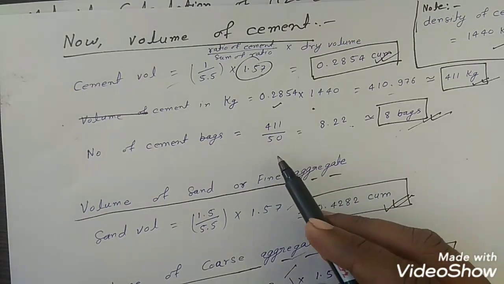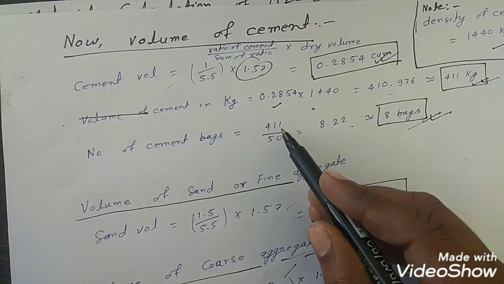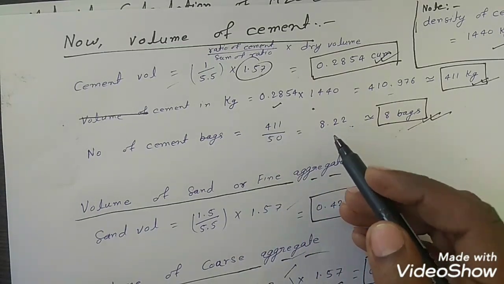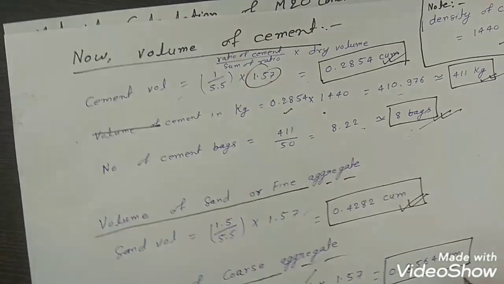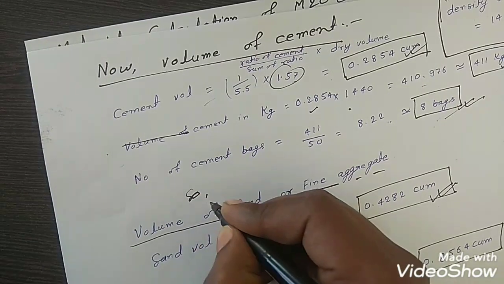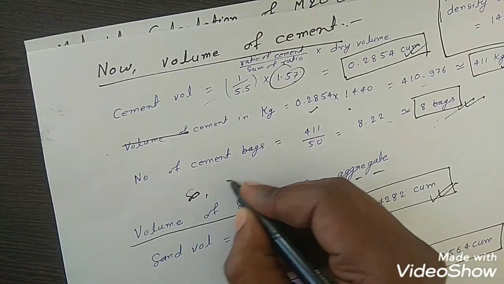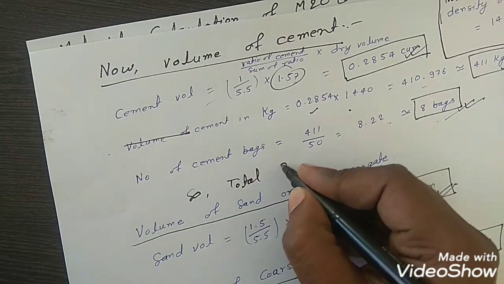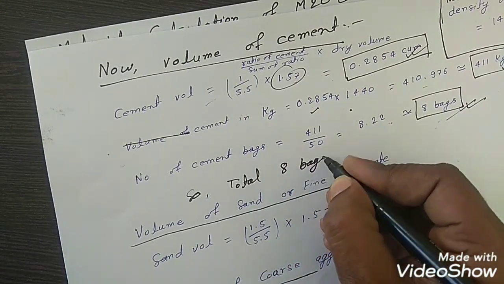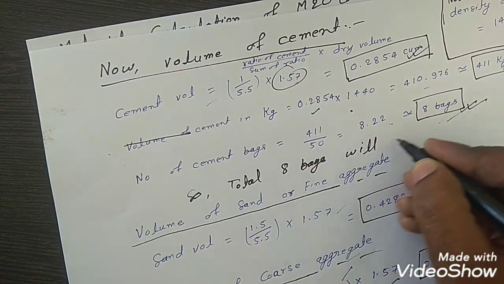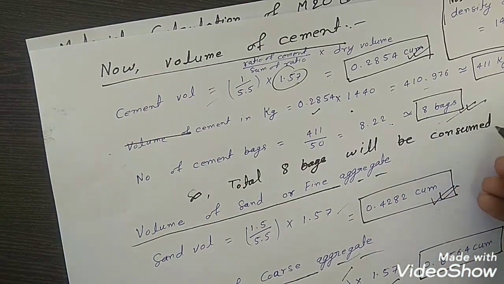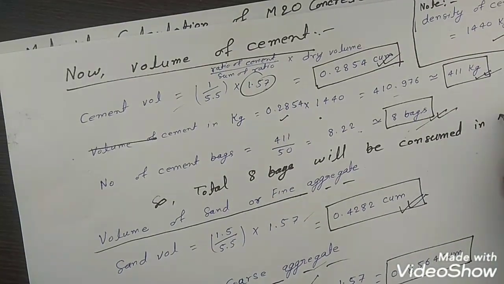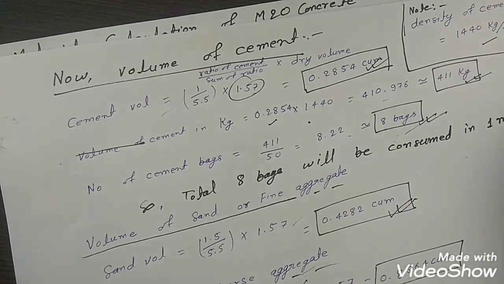So we will find 8.22, which is around 8 bags. So a total of 8 bags will be consumed in 1 meter cube of M20 concrete.